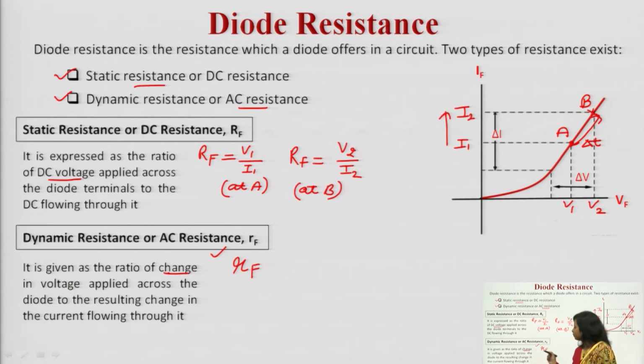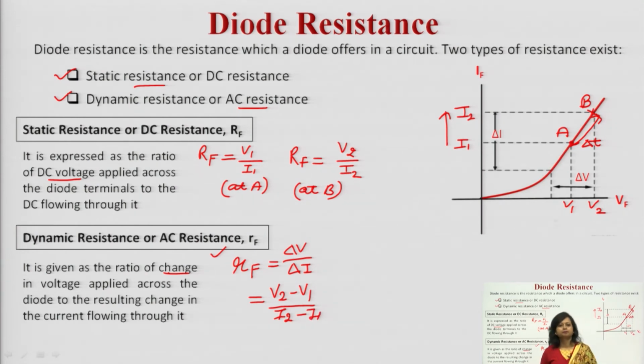So, you can calculate the dynamic resistance, which is Rf. Rf is what? Delta V upon delta I, where delta V is nothing but V2 minus V1, and delta I is I2 minus I1. So, in this manner you can calculate the dynamic resistance or the AC resistance.